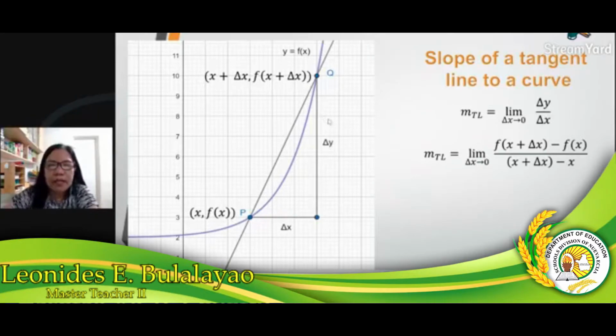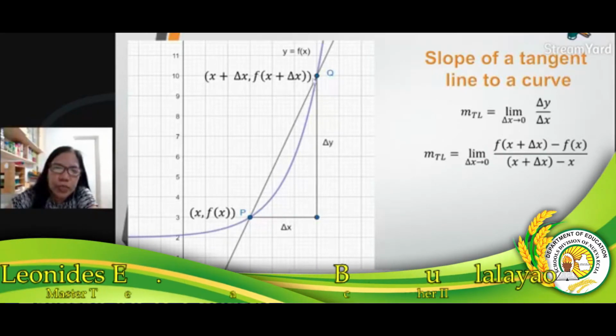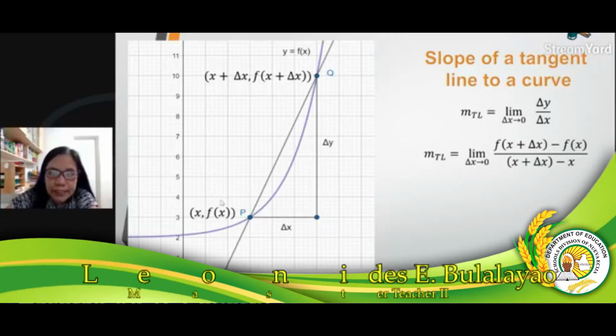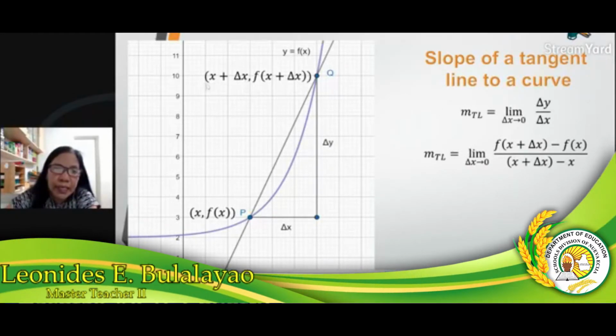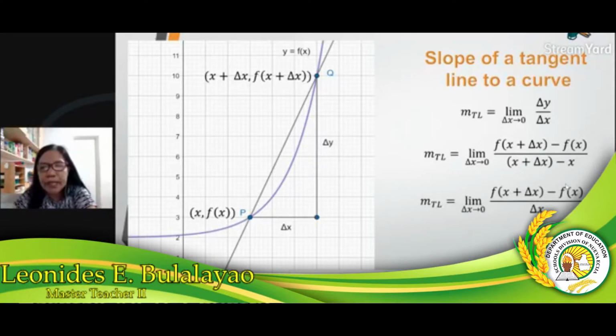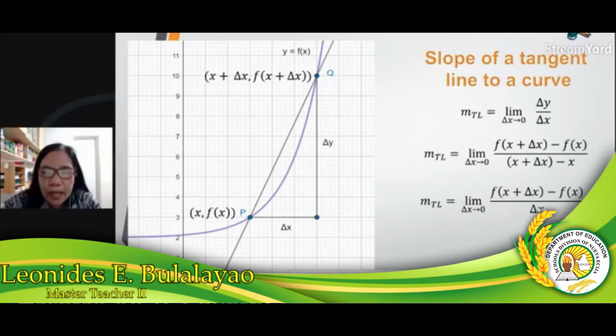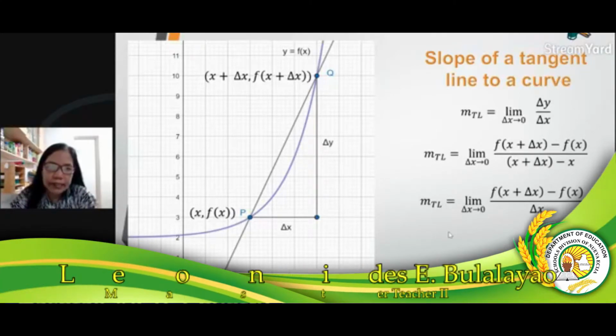So we have delta y: f of x plus delta x minus f of x, all over x plus delta x minus x. If we simplify the denominator, we have f of x plus delta x minus f of x over delta x as delta x approaches 0, which is the slope of the tangent line.